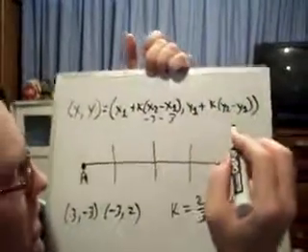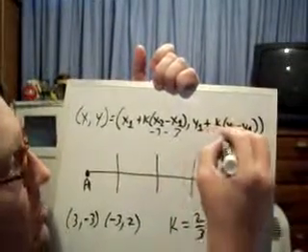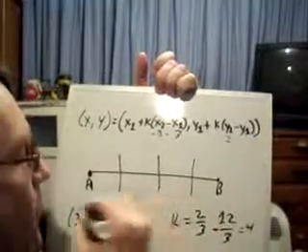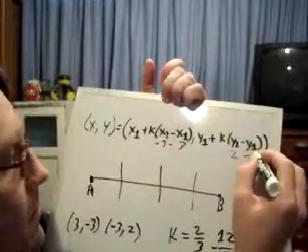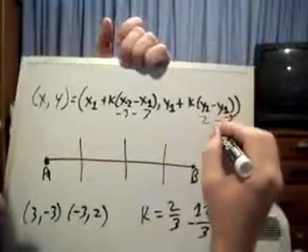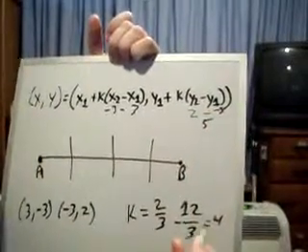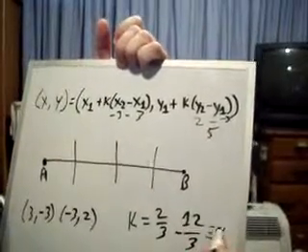Now then, what about this one right here? y2 is 2 here. y1 is -3. Which, of course, 2 minus -3 is going to give you the positive total of 5. Okay, so now we have a -4 here.